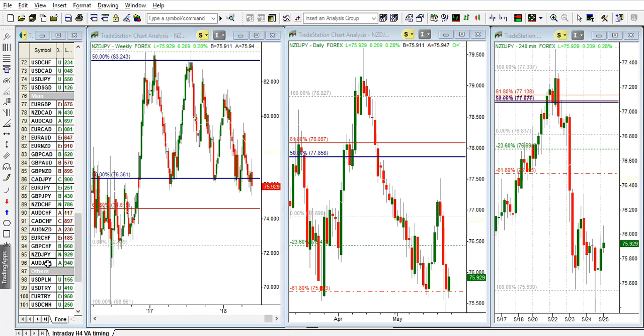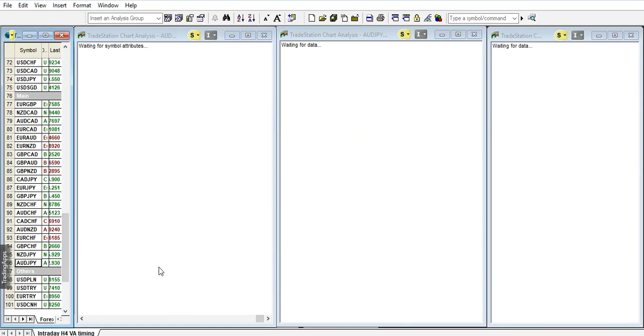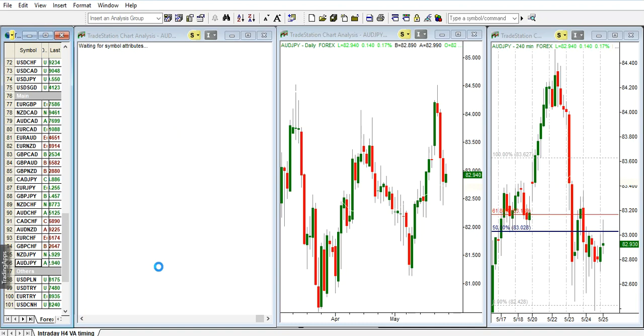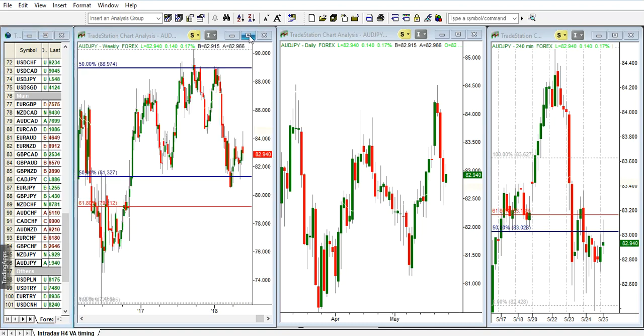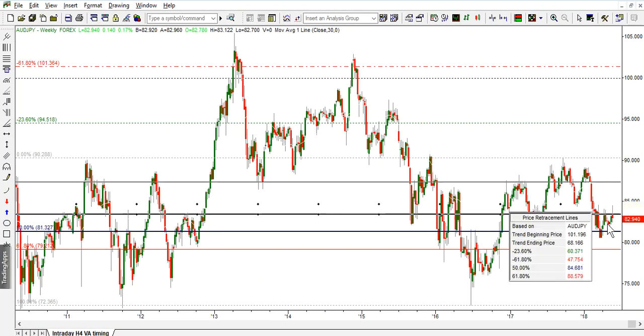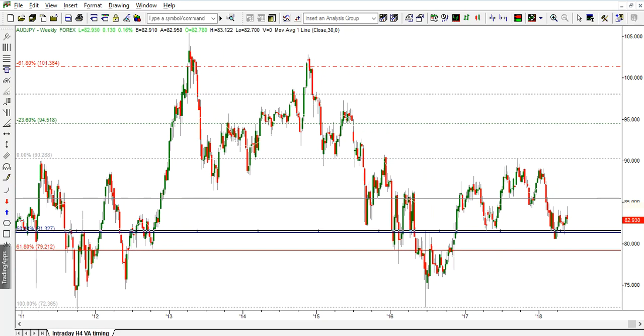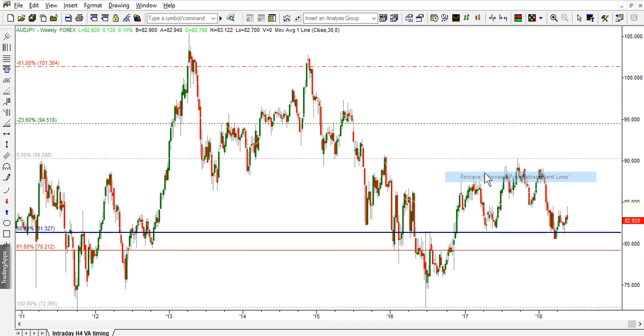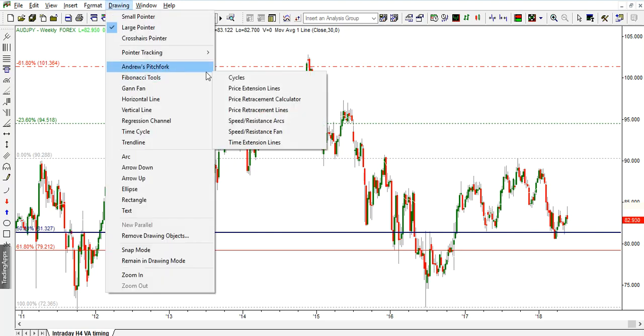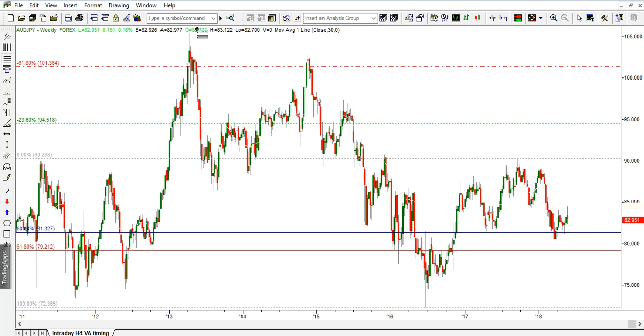Okay, and finally, Australian dollar, Japanese yen. We are testing these two levels here. We retested 81.32 successfully, based on strength that we saw in the Australian dollar.